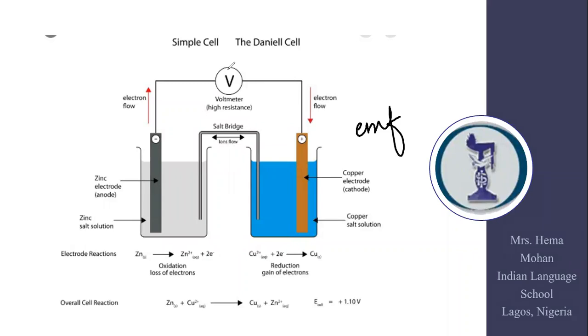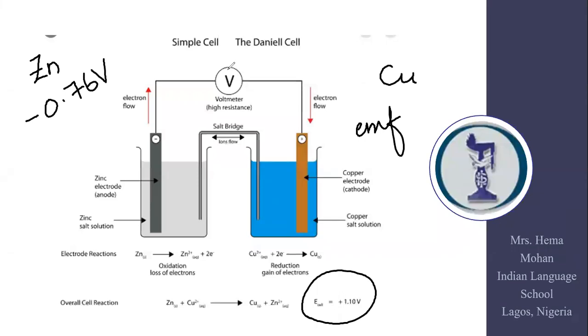And what is that going to be? The EMF of this cell is going to be equal to, if I look at the standard electrode potential of the zinc, that is the oxidation half cell, minus 0.76 volt. Whereas if I look at the reduction half, that is the copper half cell, we call them half cells.